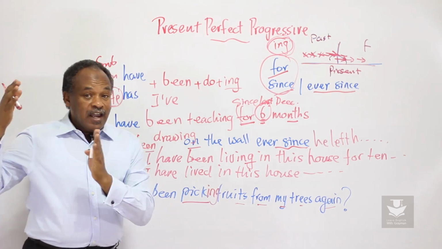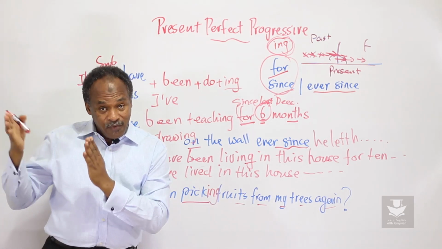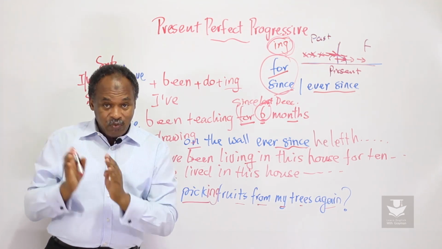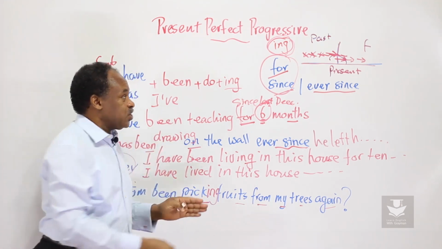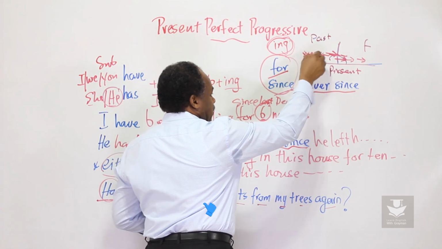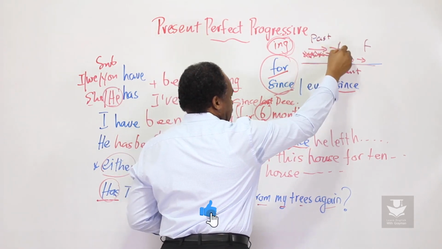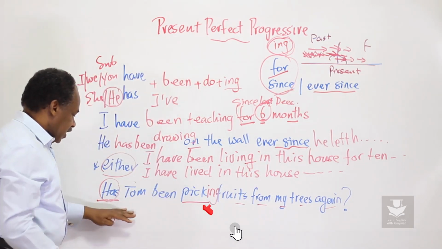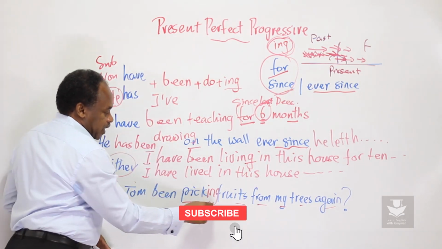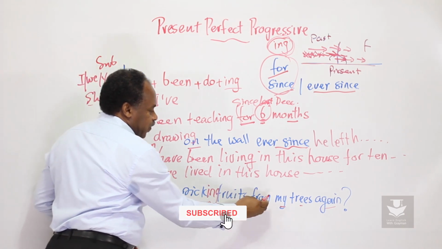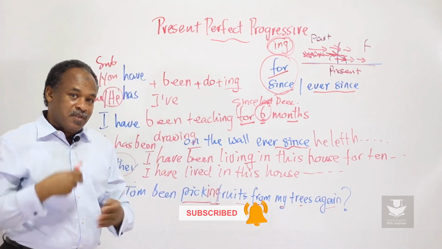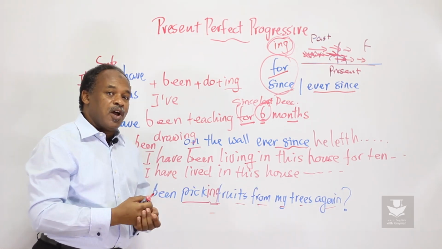That means he did pick fruits from my trees in the past, and he's still doing that right now. So the action happened in the past, it still continues, and it might continue. That's why the question is, has Tom been picking fruits from my trees again? It becomes like a habit, something that's been done over and over and over.